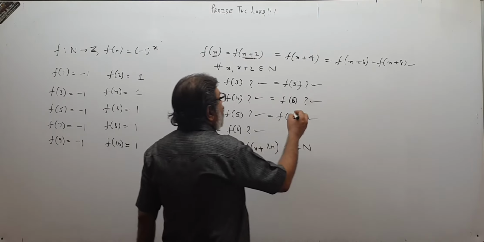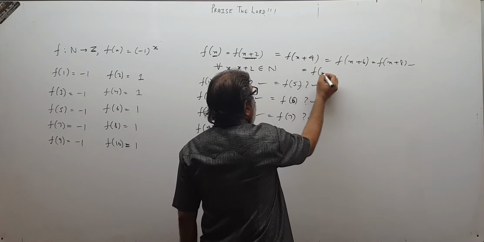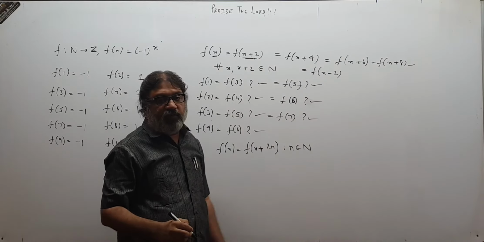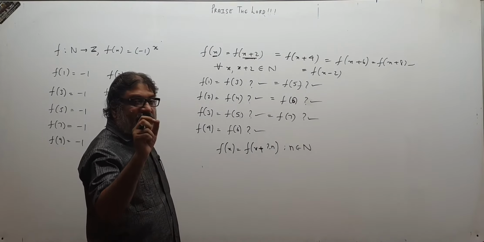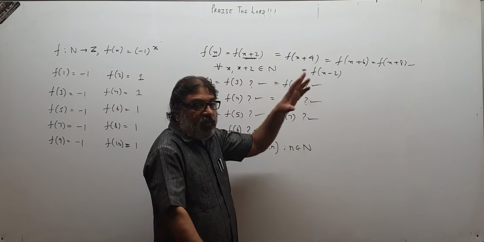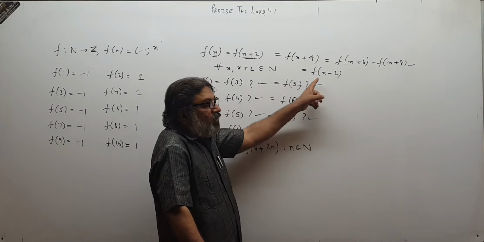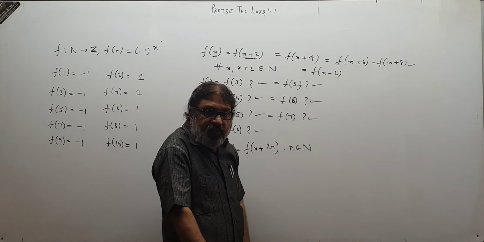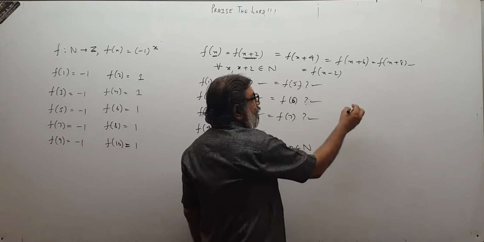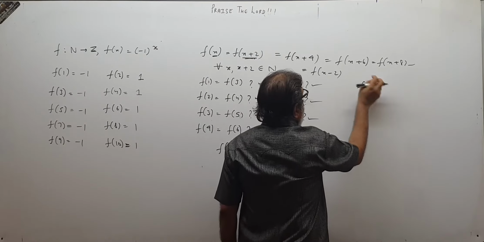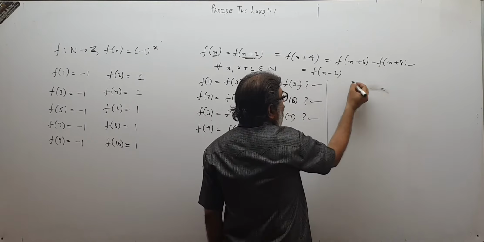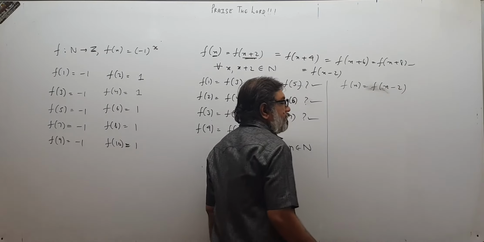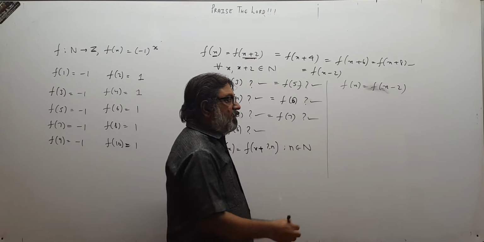Now, let me know whether they are also equal to f of x minus 2. F of x, is it equal to f of x minus 2? Now you have to choose x such that x and x minus 2 are natural numbers. So don't take x as 1 because then 1 minus 2 will be minus 1. This won't be a natural number. So if I want to check f of x is f of x minus 2, take x as 3.